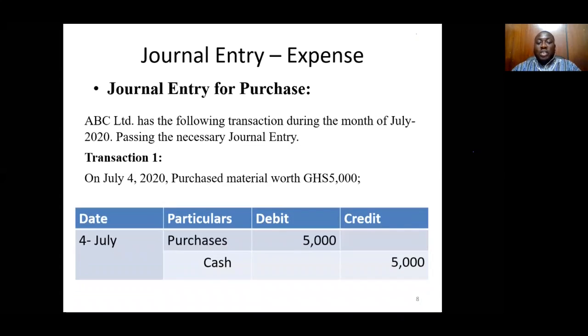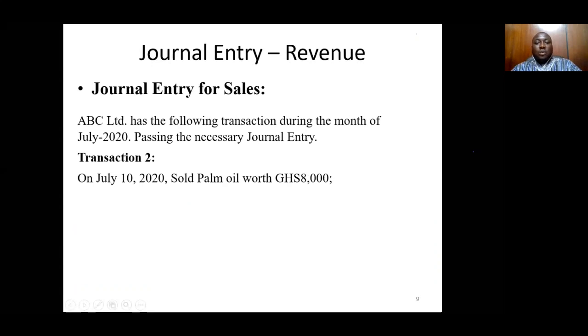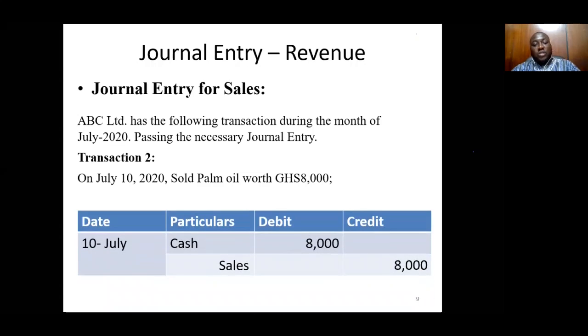In passing the journal entries, purchases account will be debited and cash account credited. With respect to revenue in terms of sales, on July 10th, the company sold palm oil worth 8,000 Ghana cedis. In passing the journal entry, cash account will be debited and sales account credited.